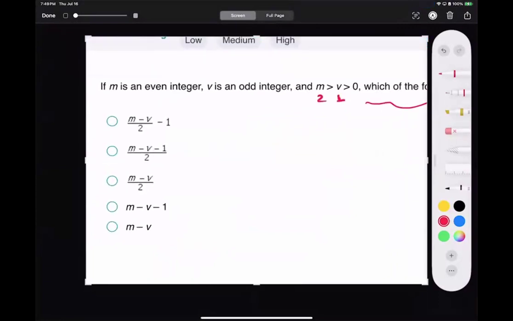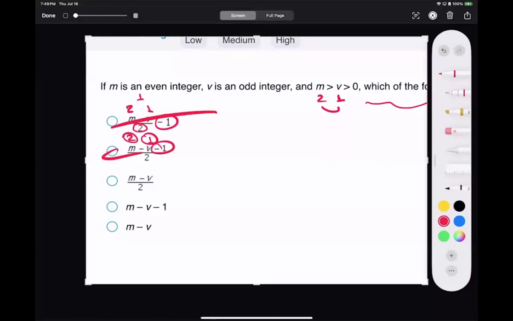If m is 2 and v is 1, 2 minus 1 is 1, divided by 2, minus 1 is 0. So it's this one, because there are 0 integers between 2 and 1.